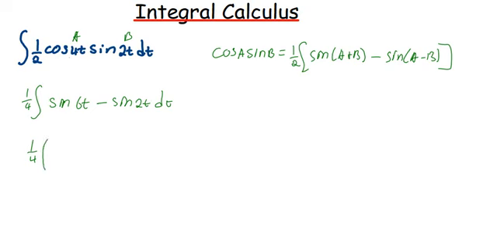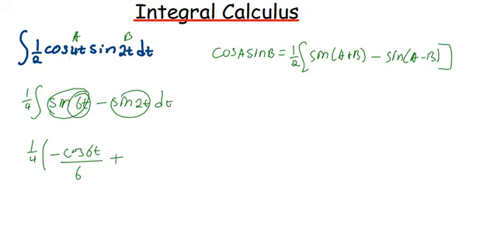So I can say open bracket here, so integrating this one here, that would be minus cos 6t divided by the derivative of the angle, which is 6. Then here we're going to have a minus, but keep in mind that when we integrate this one, it's going to be minus cos, but because of the negative here, they are going to multiply each other out.